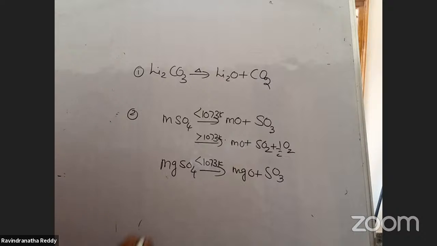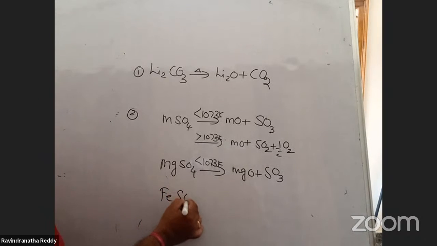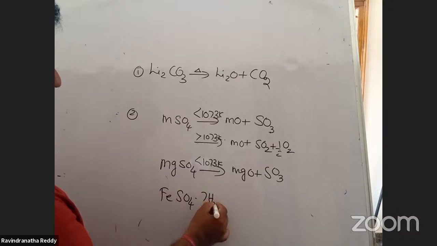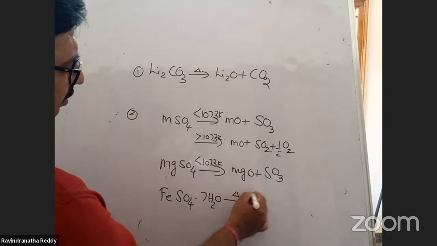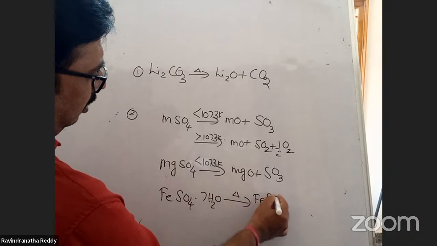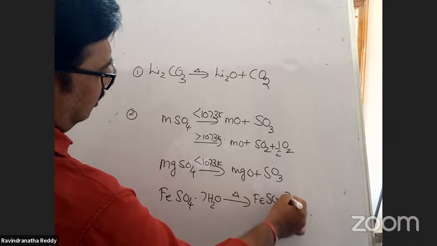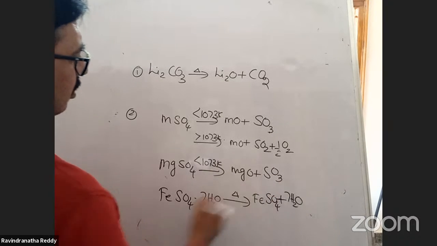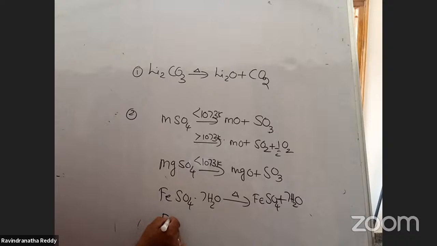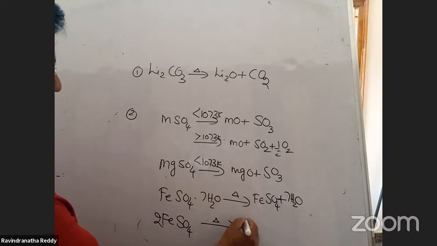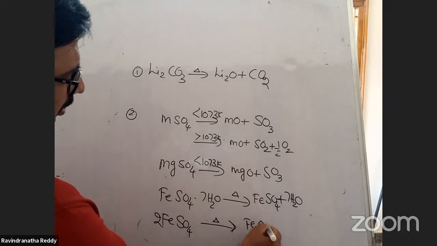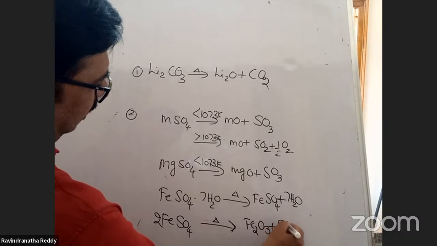Some exceptional cases are there. Exceptional cases means FeSO4·7H2O. On heating, FeSO4 first loses water only. Suppose you take 2 moles of FeSO4. On heating you get Fe2O3 plus SO2 plus SO3.